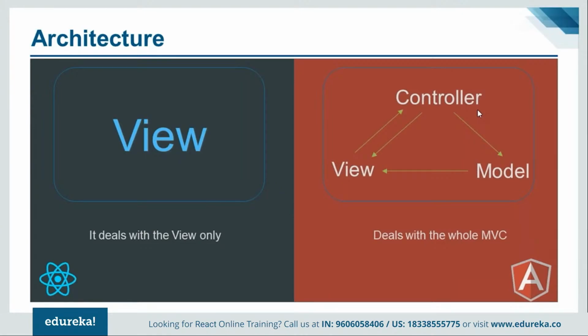Those aspects are not linked to the React architecture. But when you talk about Angular, we are thinking about everything. It's going to deal with the view, the controller, and the model. The whole architecture is laid around that area.